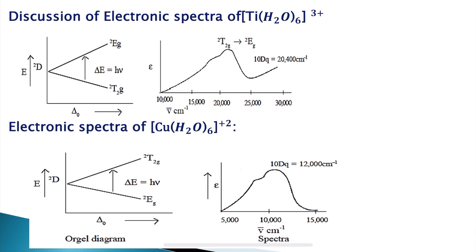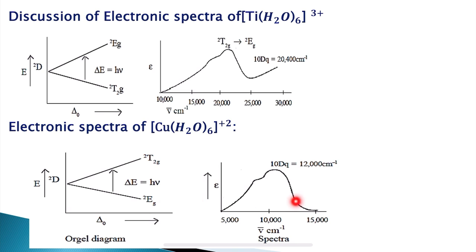In both, only one unpaired electron is present, whereas in titanium hexahydrate that one unpaired electron will enter the 2Tg energy state, which is the ground state, whereas in cuprous hexahydrate, Eg will be the ground state and it will transfer to the Tg level.